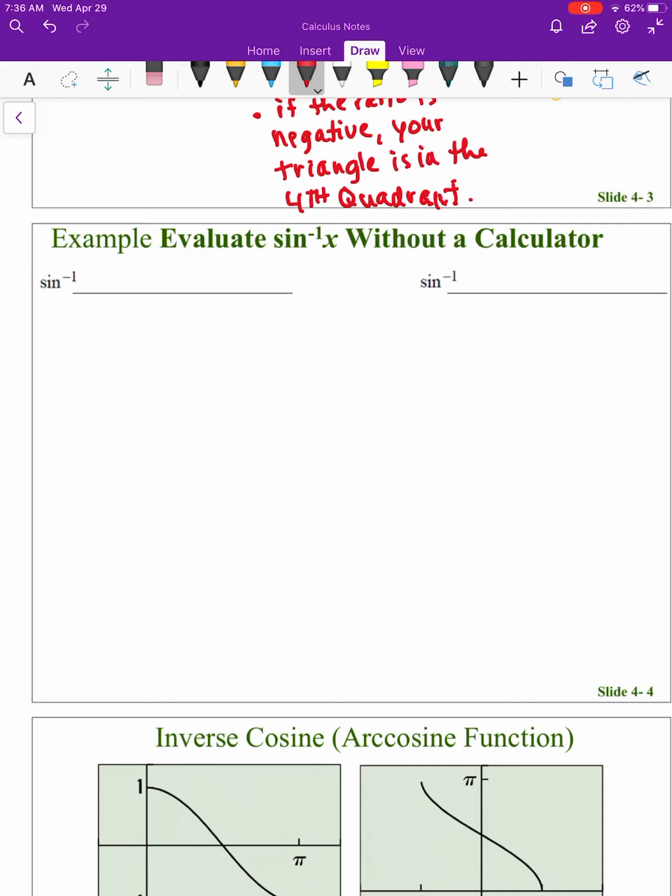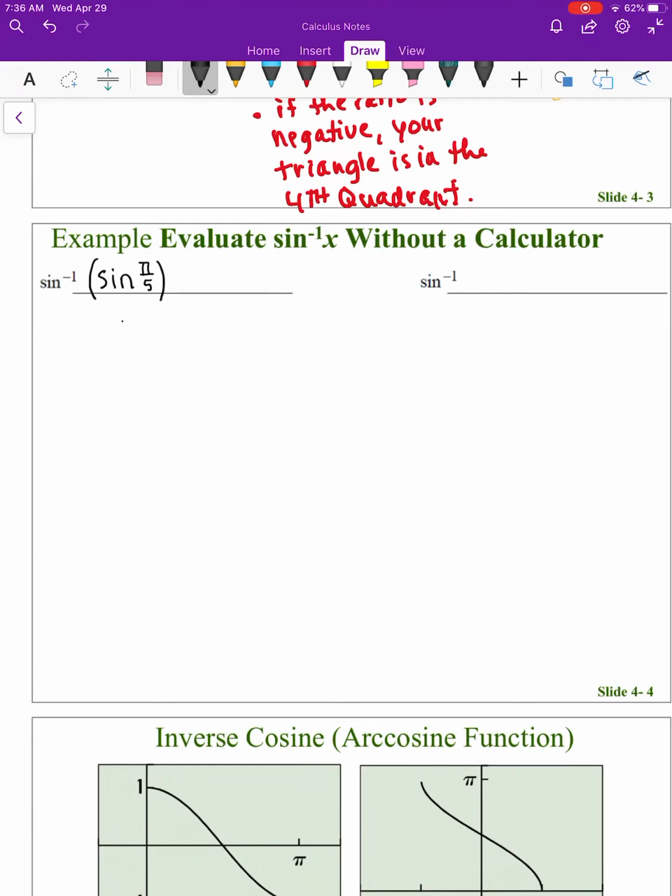All right. Next one. This is an example of inverse sine of the sine of pi over 5.